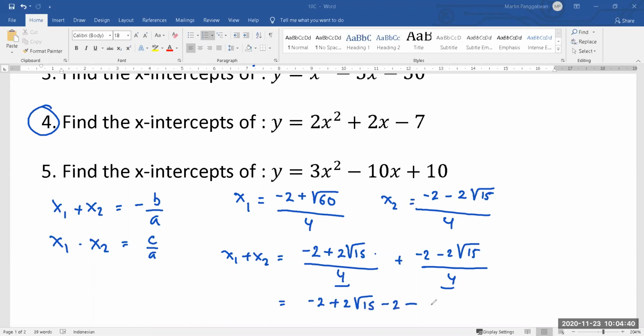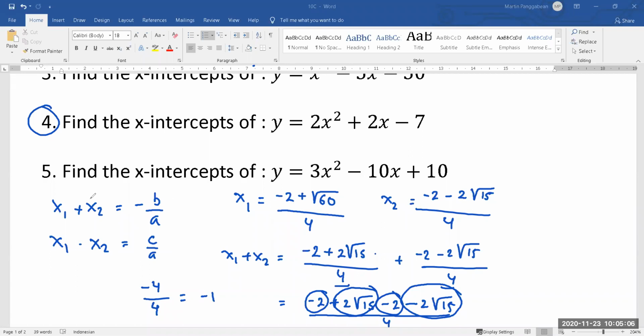It's just arithmetic, so over 4. Negative 2 minus 2 is negative 4. And this one, plus 2 square root of 15 minus 2 square root of 15, becomes 0. So in the end it is negative 4 over 4 equals negative 1.